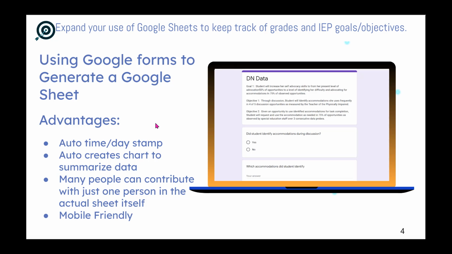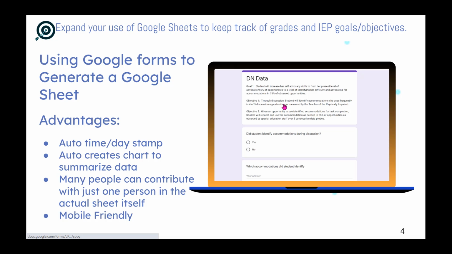Plus, it's much easier to fill out a Google form on a phone or a tablet, so it's mobile friendly. Sometimes entering the data in your phone is the quickest and easiest way to collect that data on the spot.